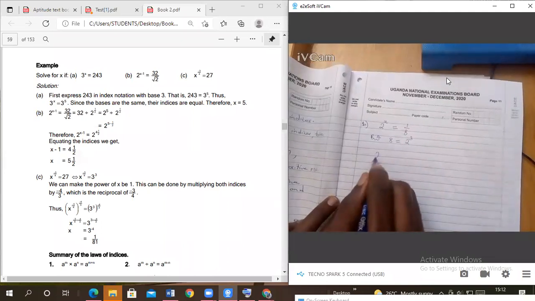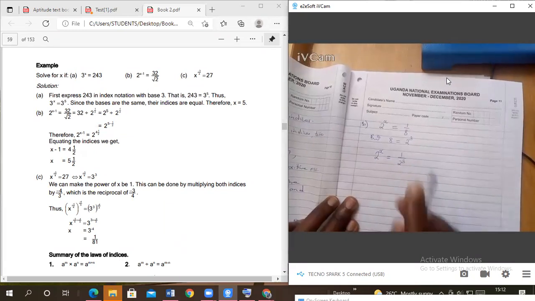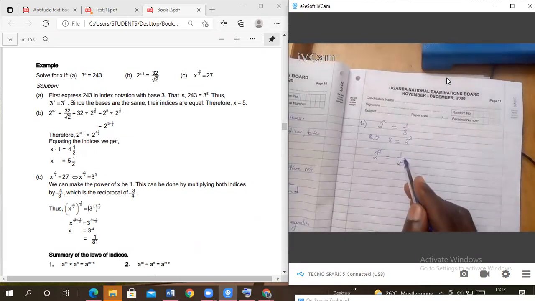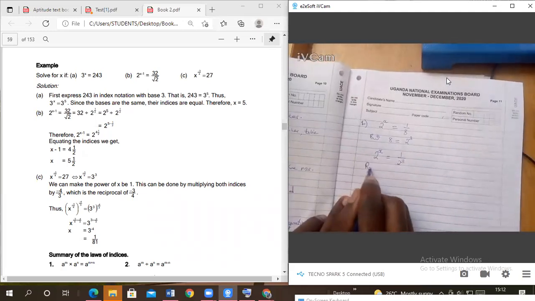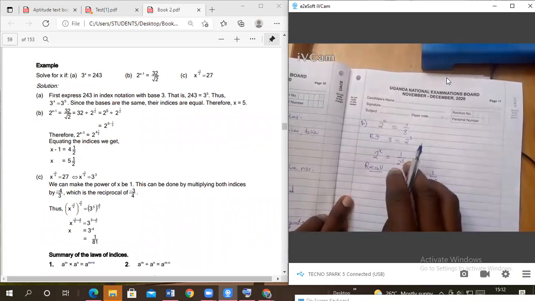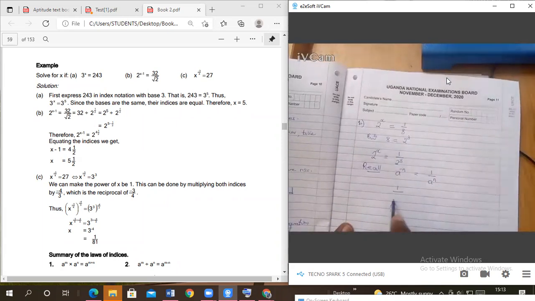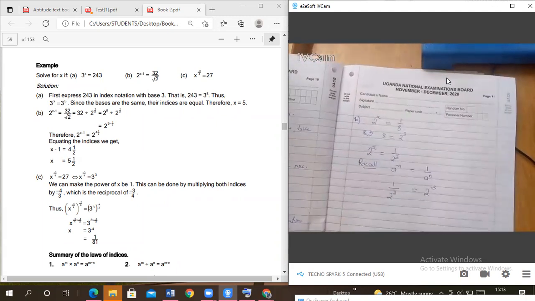So now we shall have 2 to the power x equals 1 out of 2 to the power 3. Remember, our purpose is to make sure they have the same base. If a to the power negative n is the same as 1 out of a to the power n, and the reverse is true, then 1 out of 2 to the power 3 becomes 2 to the power negative 3.